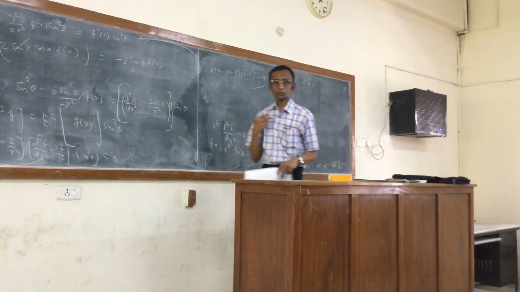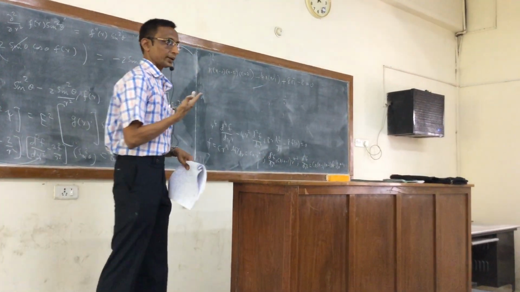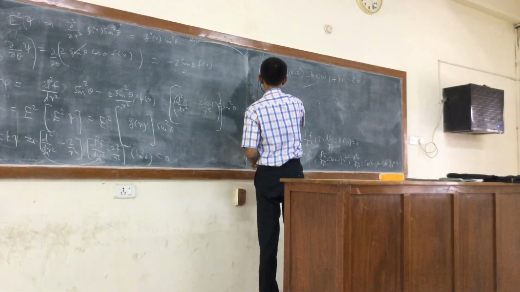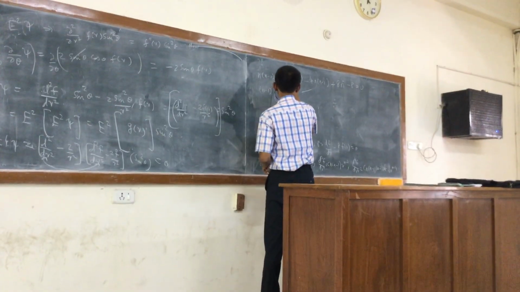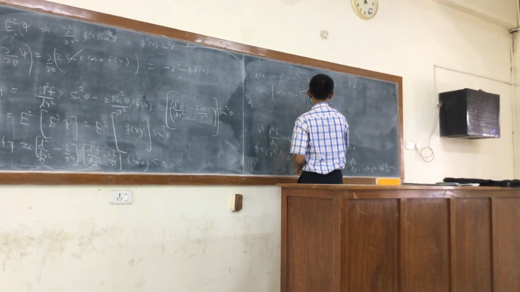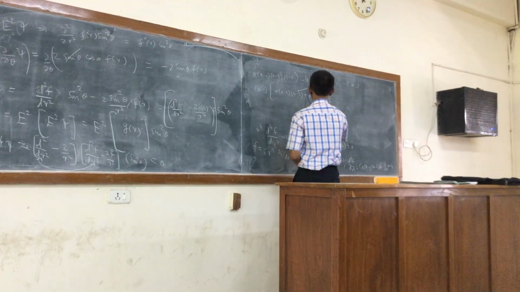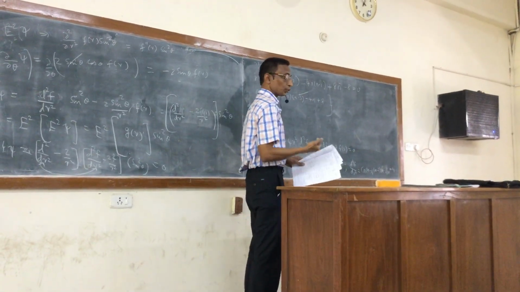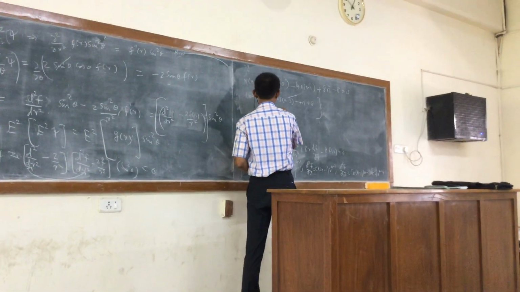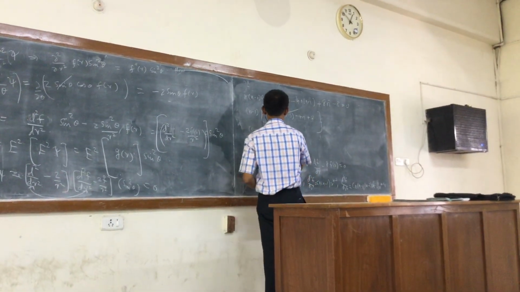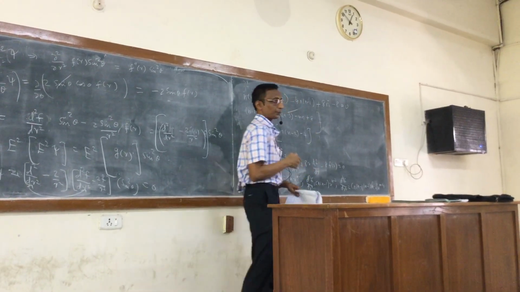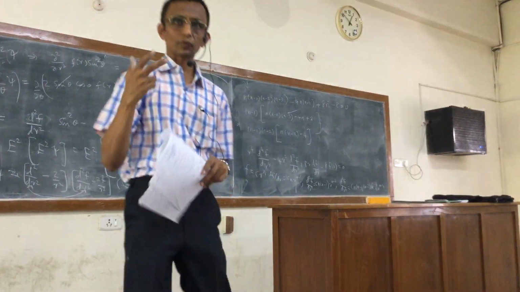This is a quadratic equation in n. You can clearly see that n minus 1 can be taken out. You can easily see n minus 2 can also be taken out. Minus 4 times n minus 1. I'm doing this quickly. You have to do it carefully.